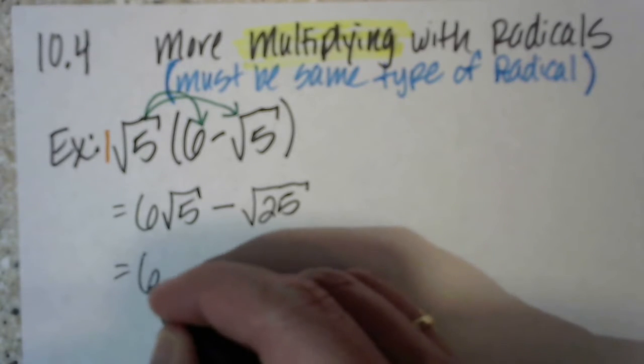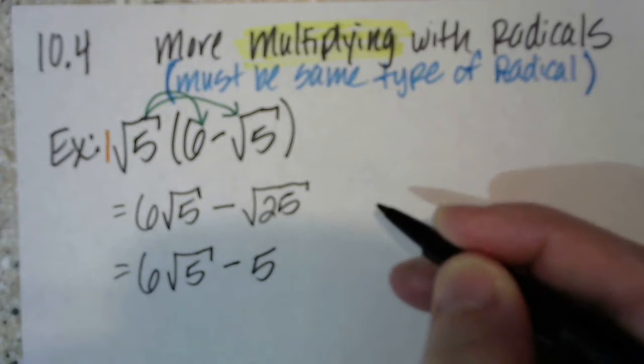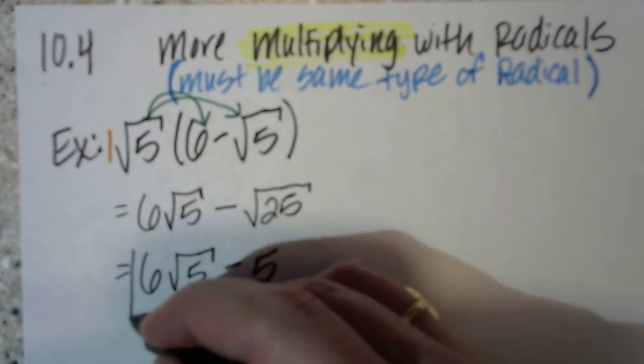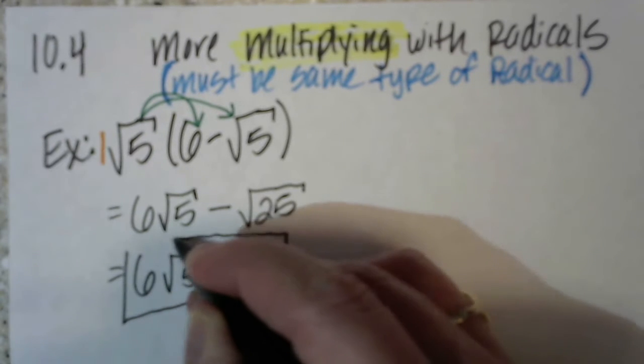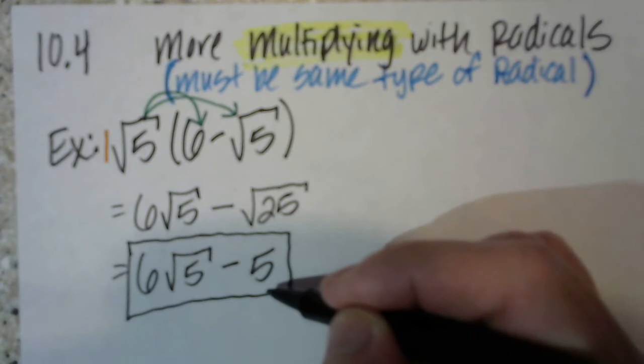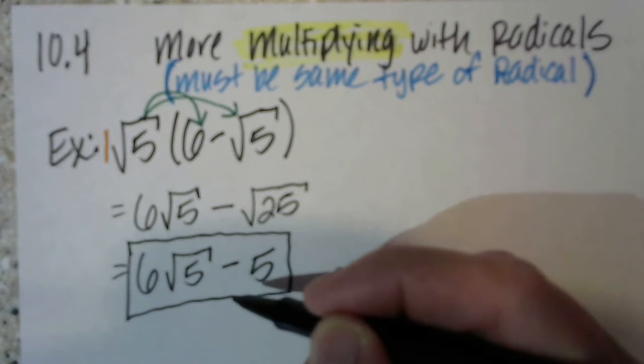So this answer would be 6 radical 5 minus 5. And that would be your final answer. Notice I can't actually subtract or combine these because this doesn't even have a radical portion. So that's how I know I'm done.